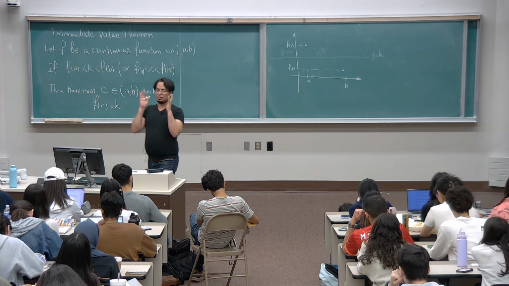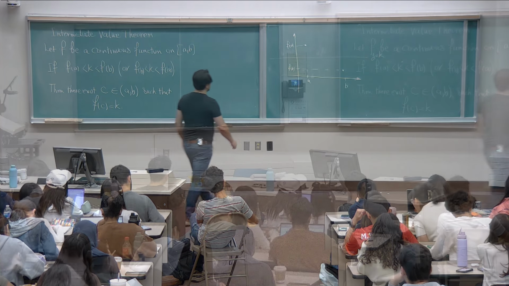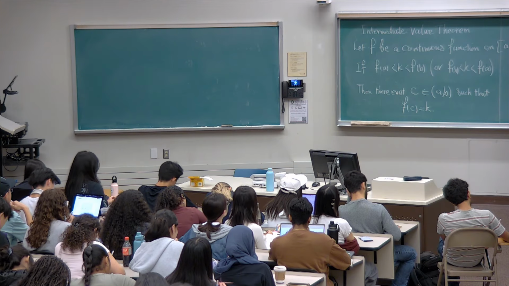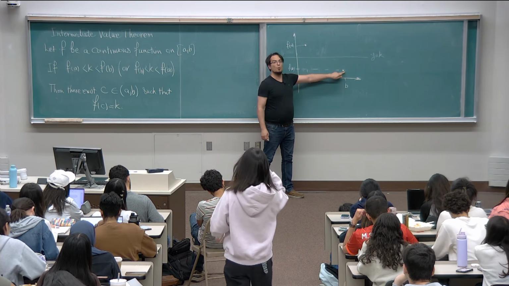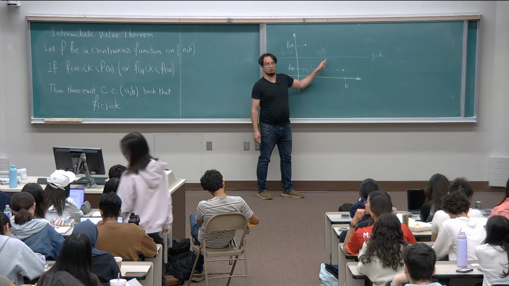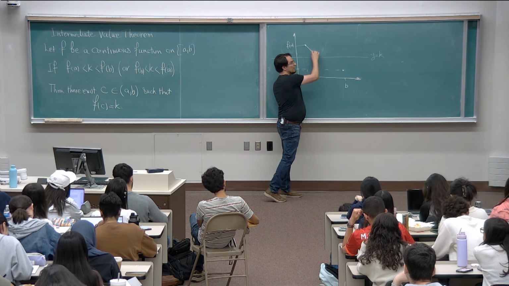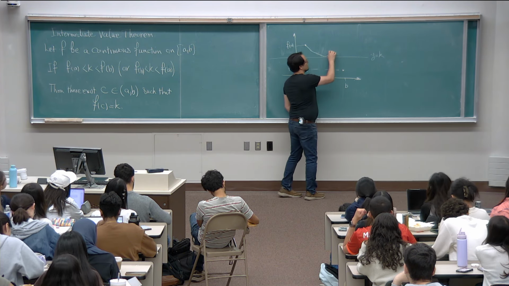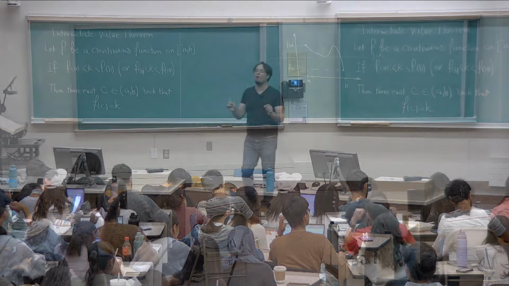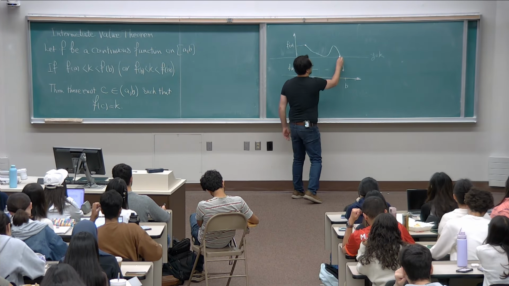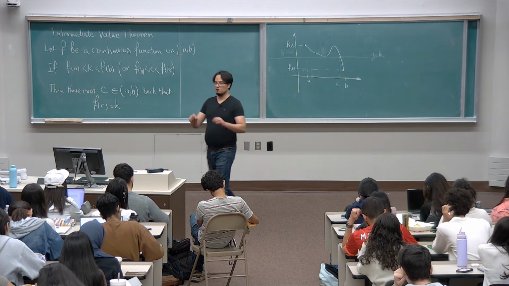And by the intuitive definition of continuity, you see that there is no way that I can go from f(a) to f(b) without crossing y = k. No matter how hard I work, my graph at some point, maybe not here, maybe at the end, crosses y = k.